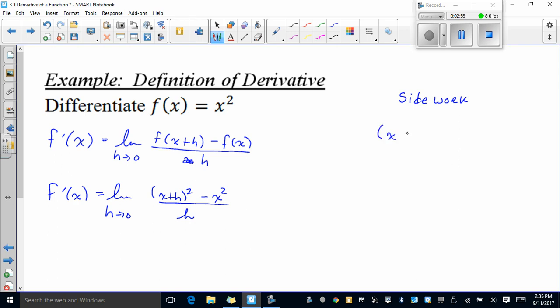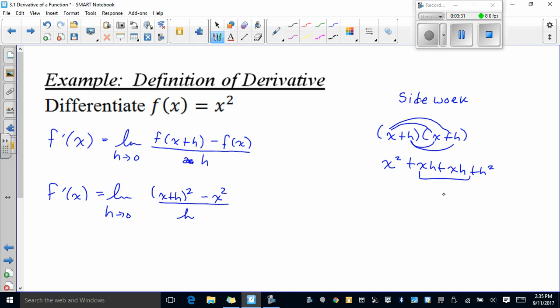Then we FOIL, distribute, whatever you want to call it. x times x gives us x squared. x times h gives us plus xh. x times h again, plus xh. And then h times h gives us h squared. Combine like terms here, and we have x squared plus 2xh plus h squared.